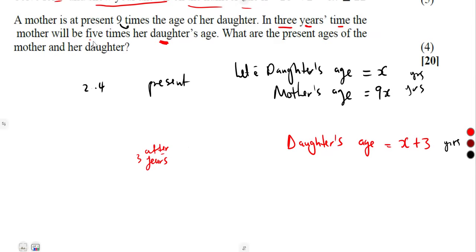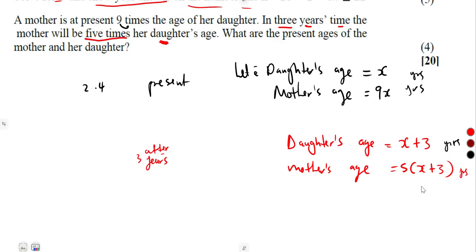But you're told that the mother will be what? 5 times. So the mother's age is going to be 5 times that, 5 into x plus 3. Just like here, 9 times x. Here it's no longer x, but x plus 3. So it's 5 times x plus 3. So that's the mother's age 3 years later.